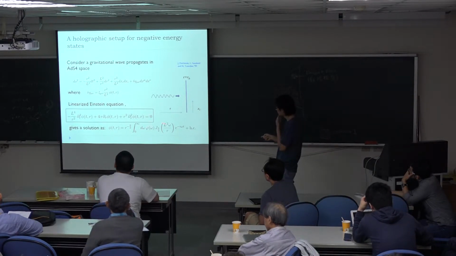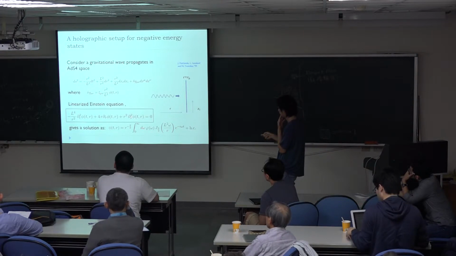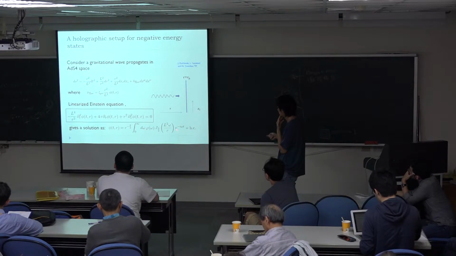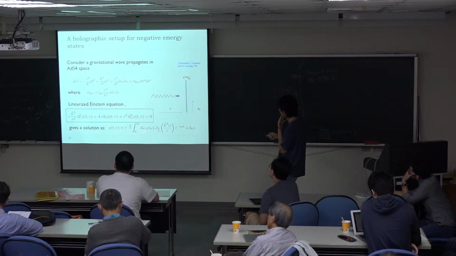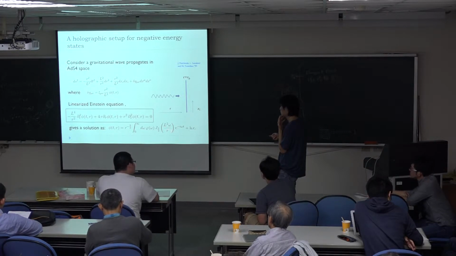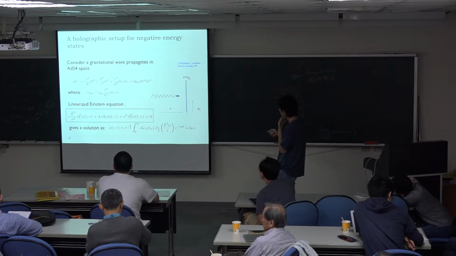Okay, so this is the solution. It is very easy to solve this equation. This is the mode function, the normalizable solution for this gravitational wave.